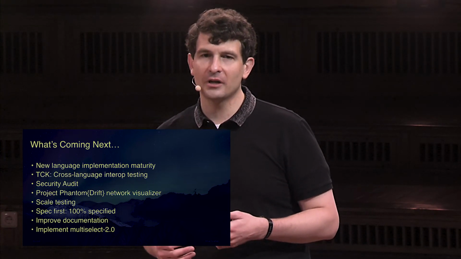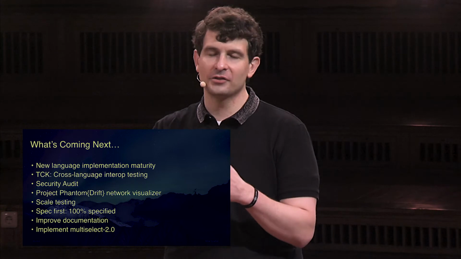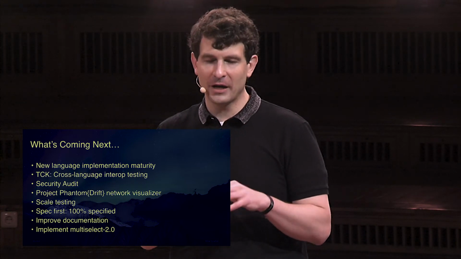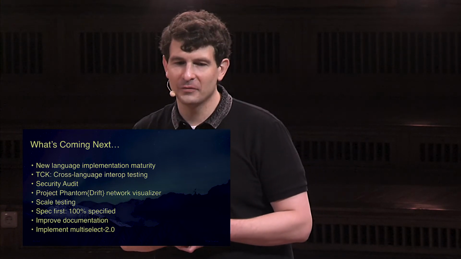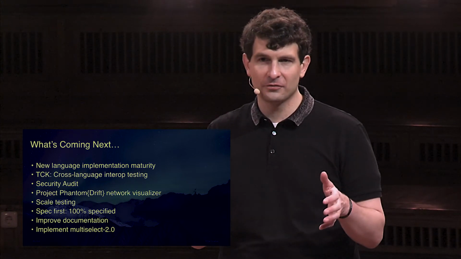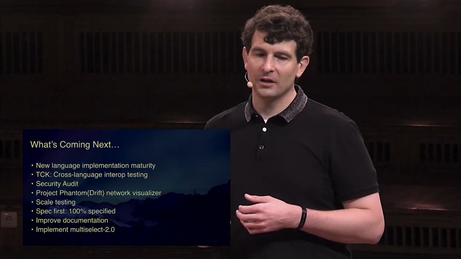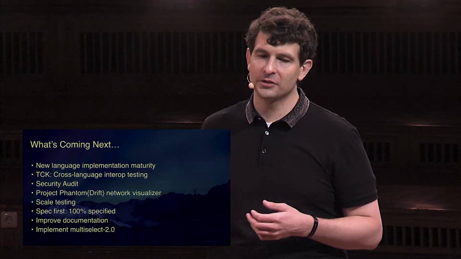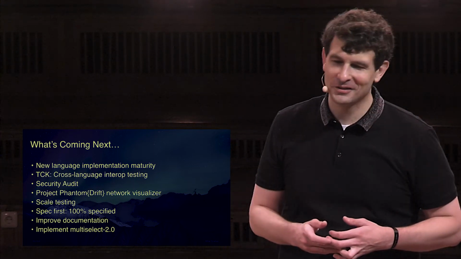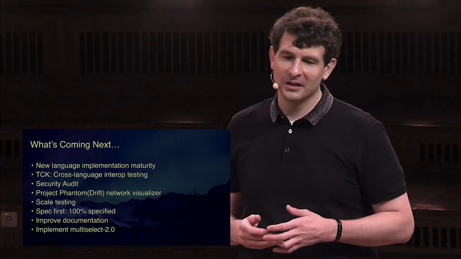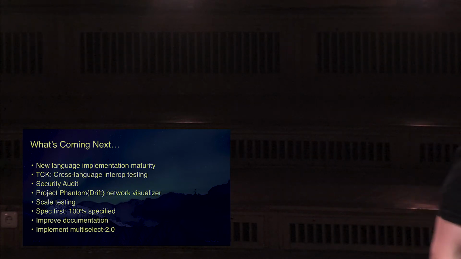IPFS has hit certain limits that are actually libp2p limits, and so we're trying to build a test framework just for scale. We want to get to 100% specs. We want to improve user documentation. That's still a common complaint, unfortunately. And I already talked about multiselect.